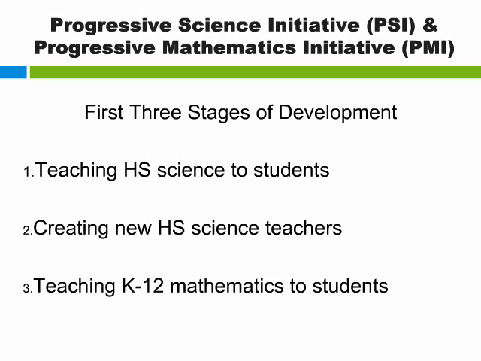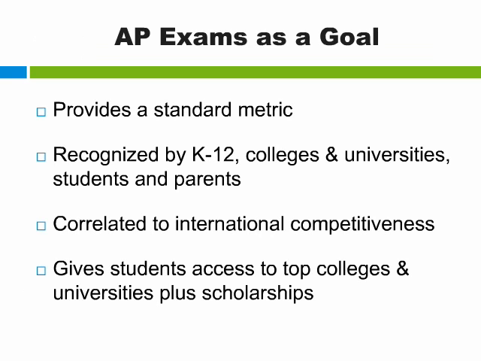It's now also being used to create new high school science teachers, and then we applied the same principles to K-12 mathematics, and that's being piloted right now. The Progressive Science Initiative used AP exams as a goal, and we did that because it provides a standard metric. We could see how we were doing year to year and between schools.